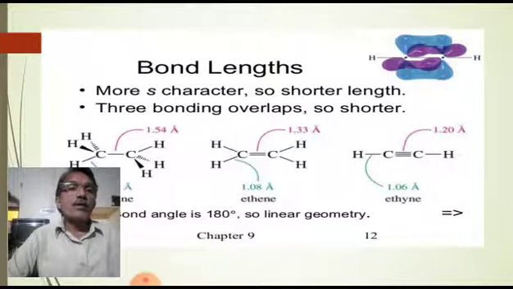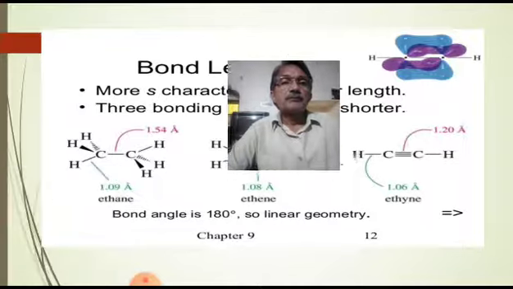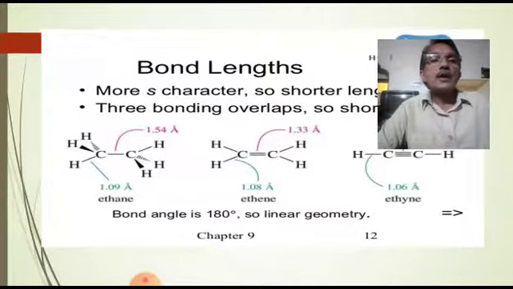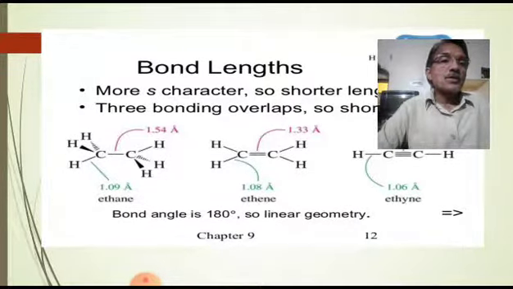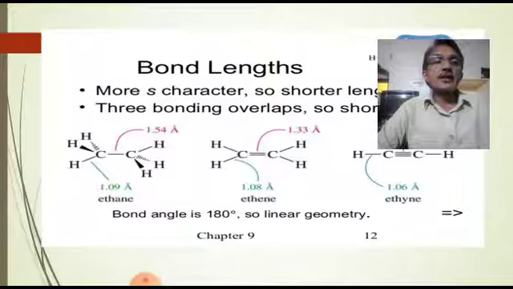Three bonding overlaps, so shorter. Bond angle is 180 degrees, so linear geometry. In the acetylene or ethyne molecule, the bond angle is 180 degrees, therefore the shape of the ethyne molecule is linear.